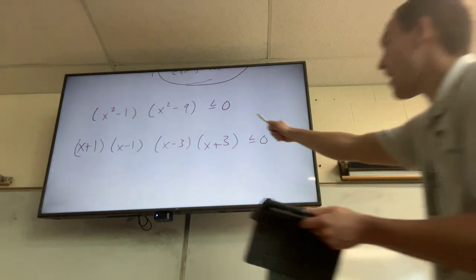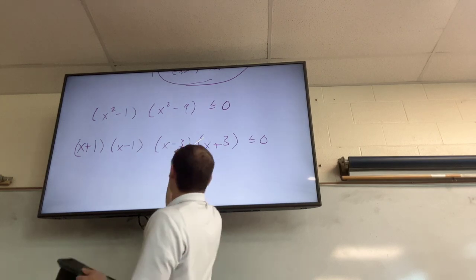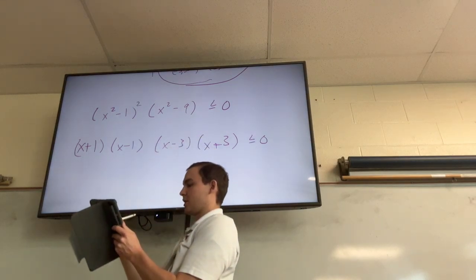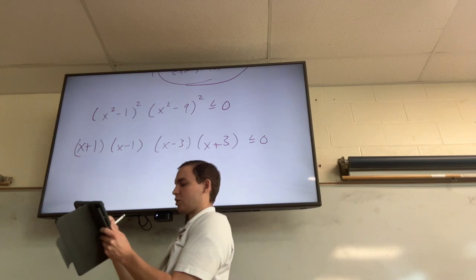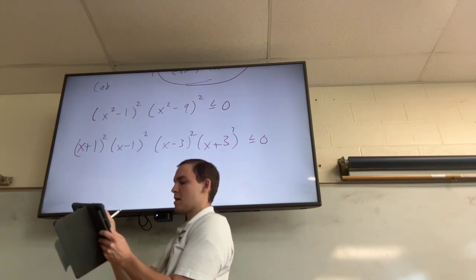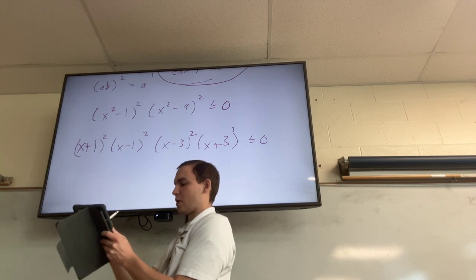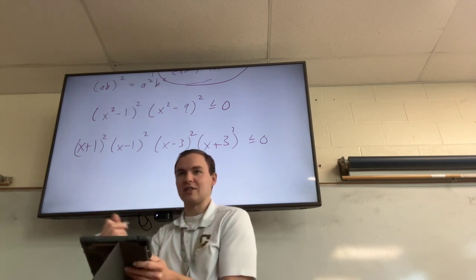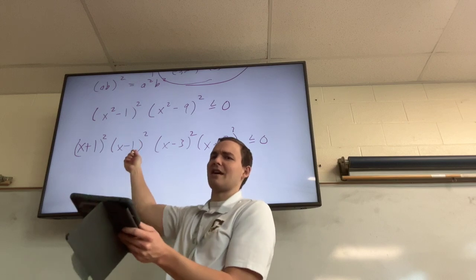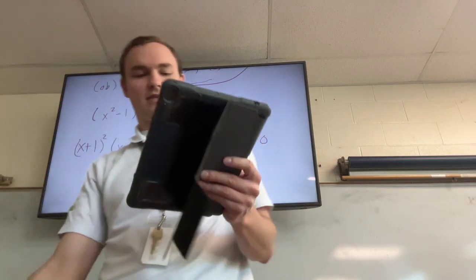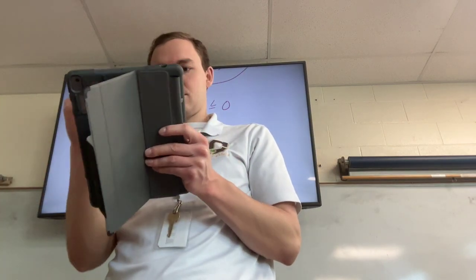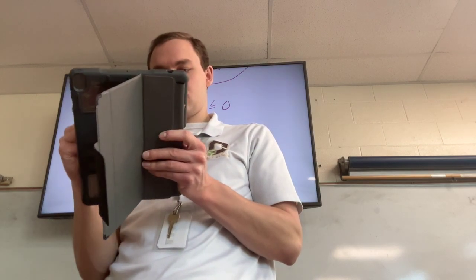So I factored these, right? But since the original one was squared, I have to distribute the square when I factor. It's the same reason like if I have AB squared, this becomes A squared times B squared. You have to distribute. Don't worry too much about that. But doesn't it change them? Okay, never mind. I get it. Okay.